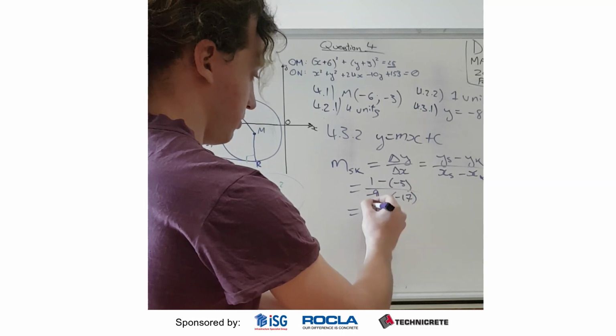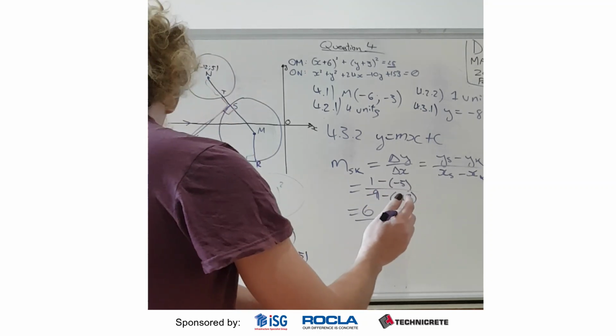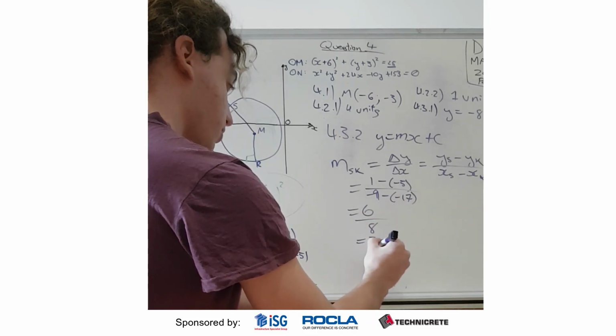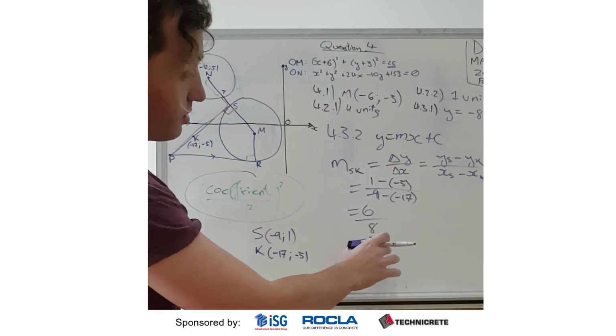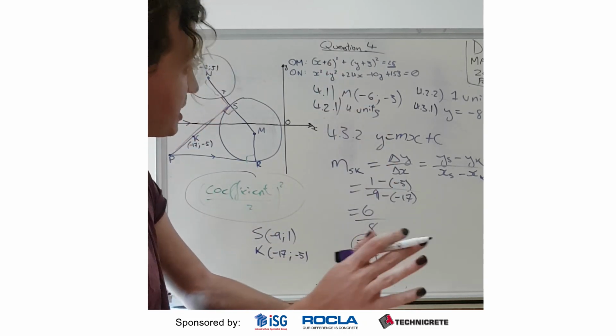That's 6 at top, and 8 on the bottom. So that's 3 over 4. The same gradient we found with the other method. It should be. If it wasn't, I would be doing something wrong.